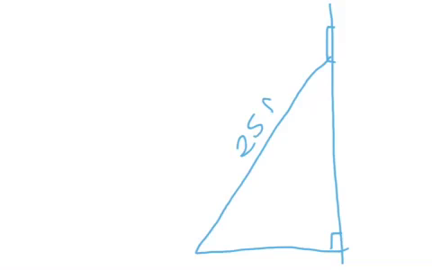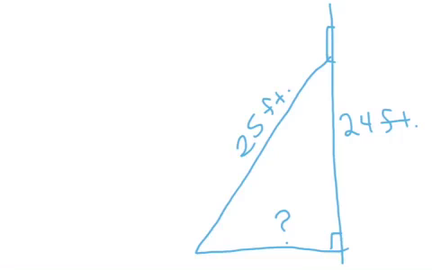And we have a ladder that is 25 feet long. So we've got a 25-foot ladder, and we've got a window that's 24 feet up into the air. So the question is, how far from the base of the building should we put it?